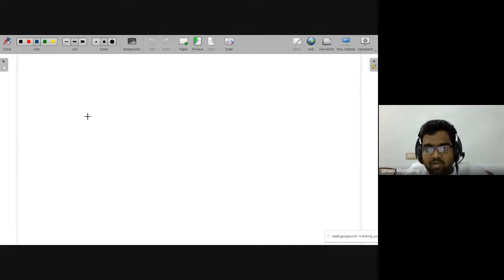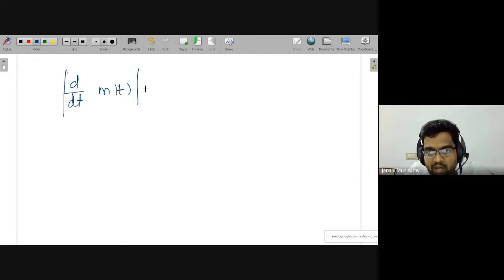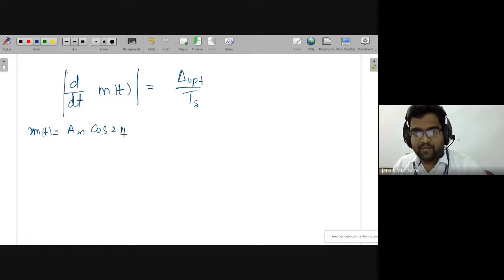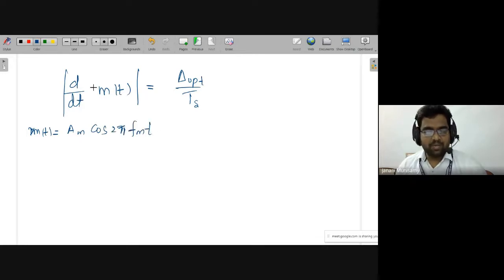At any point of time we must fix some step size. Okay, so to avoid these two problems we will fix some optimum step size, that is d by dt m of t. That means we will put an equal condition. The message signal slope is equal to the staircase waveform slope. So delta optimum, step size optimum. Say for example, if I am taking m of t as a regular message signal, that is Am cos 2 pi fm t, then using this formula I can easily find out the optimum step size, just by applying the differentiation.